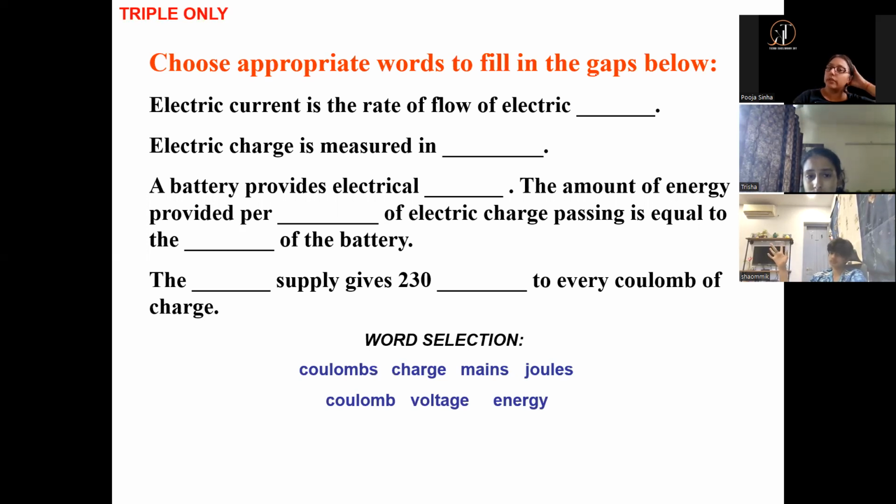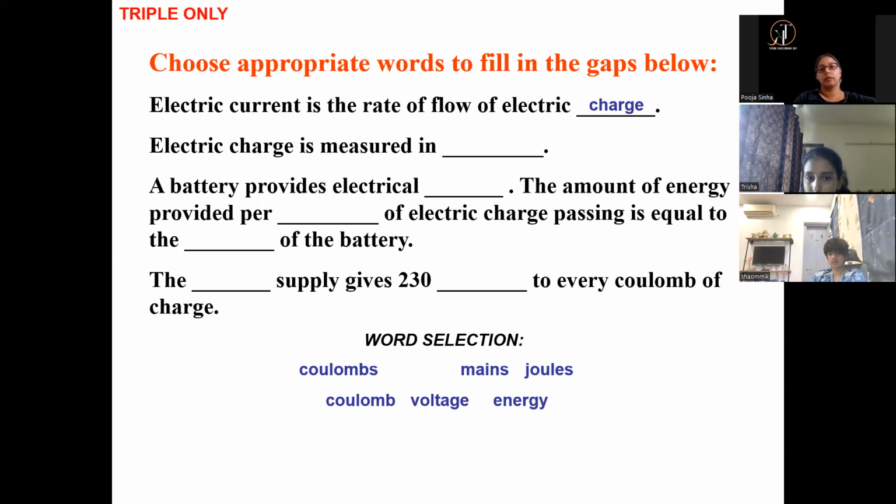Electric current is the rate of flow of electric. No. Think again. Coulomb is the unit. Is it energy? Charge. Electric current is the rate of flow of electric charge. Next. Shamik.